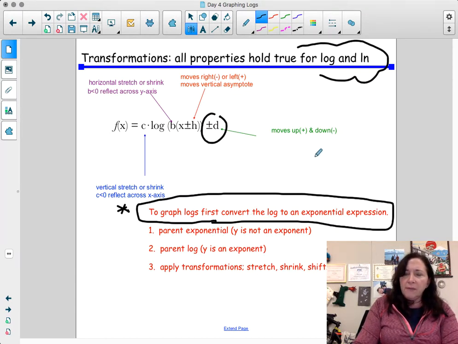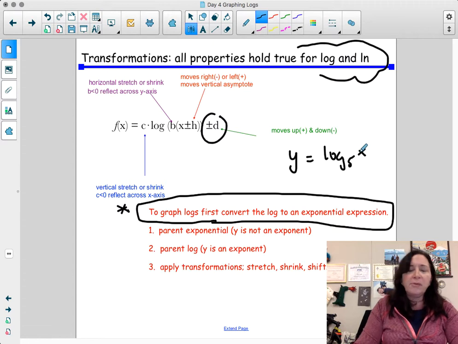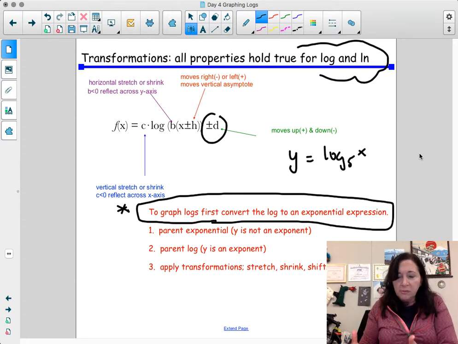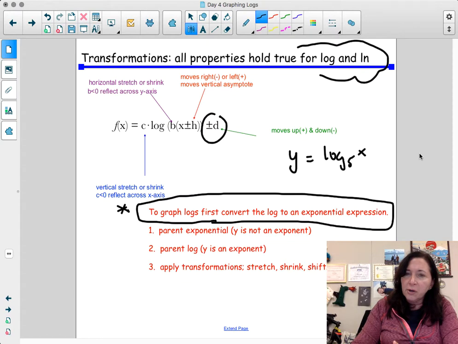If I had, let's say, y is equal to log base 5 of x, how am I supposed to graph that? I would change that, and I would go base across the equal sign. I would go 5 to the y power equals x, and I would plot points that way, because now I went from a log to an exponential, and that's a little bit easier when you're trying to graph.